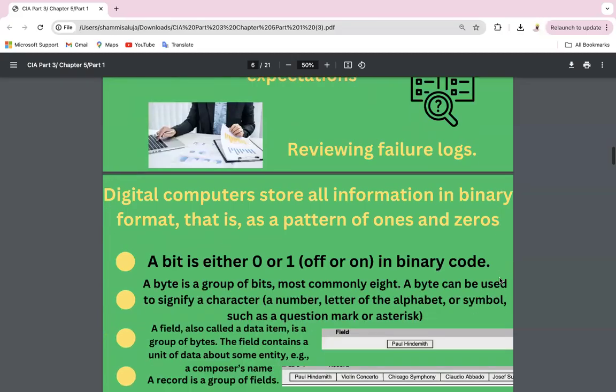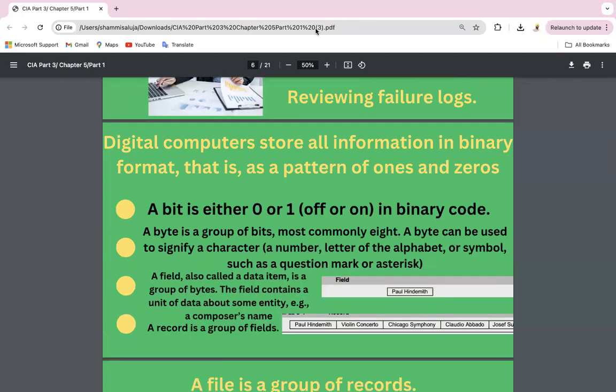Another thing, let's proceed further. These days, digital computers store all the information. Do you have the inquisitiveness as to how the information gets stored in the systems? It is in the form of binary format, 0 and 1, right?